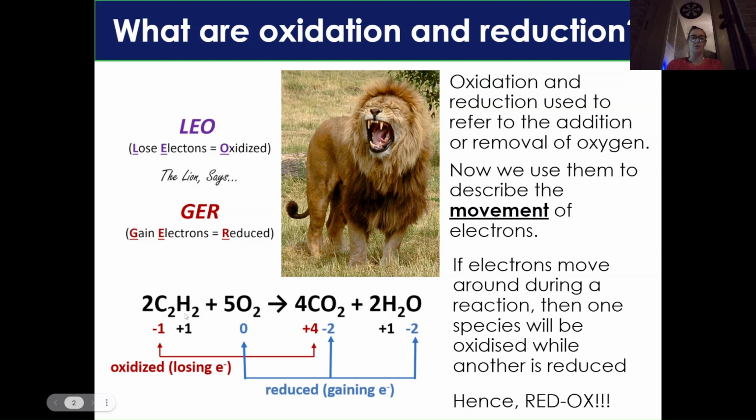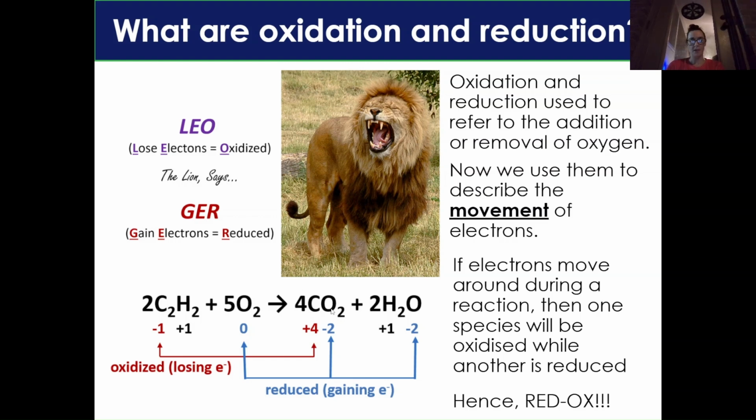And so if there are 2 of them in ethine, then that would give you a total +2 charge. Now, if there are 2 carbons, that means each carbon would have to have a -1 charge in order to balance out the 2 hydrogens. And then oxygen, it is diatomic, so anything in its standard state, such as diatomic gases or any type of solid, is going to have an oxidation state of 0 because they are uncharged.